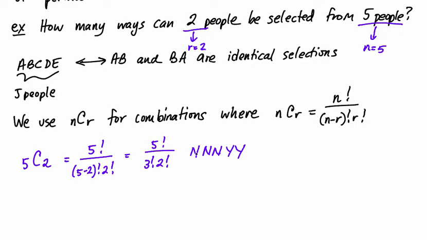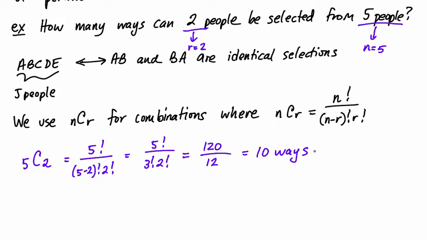They're essentially identical people. So you have 5 objects, and you divide by 3 factorial and 2 factorial. There are some similarities between these different ways of attacking questions, and this is what causes the most problems for students: there are multiple ways to get to the right answer. If you do this, you get 120 over 6 times 2, which is 10, so there are 10 ways to take 2 people from 5 people.